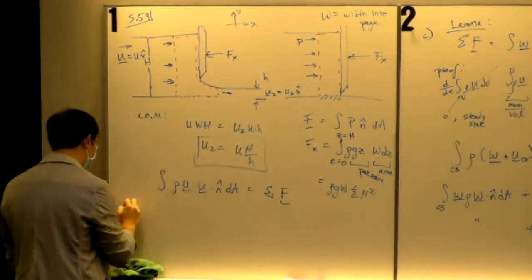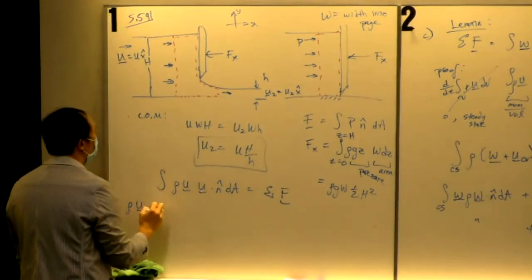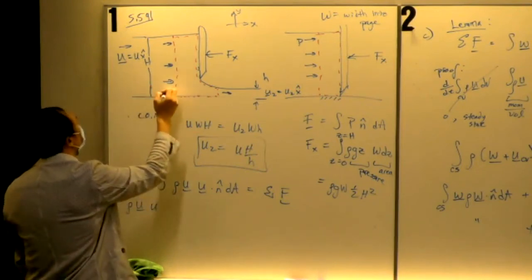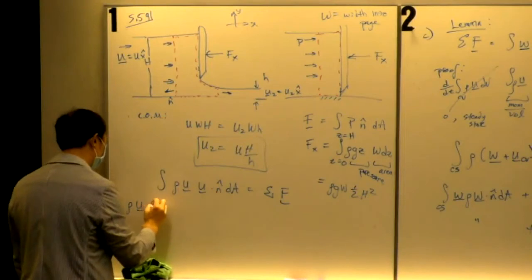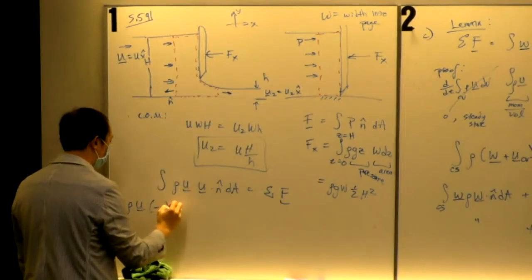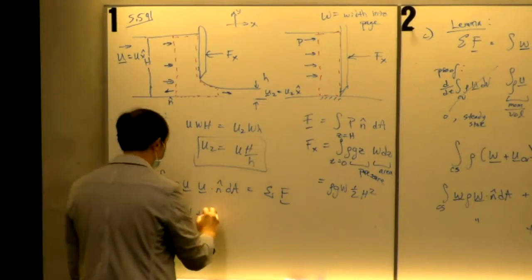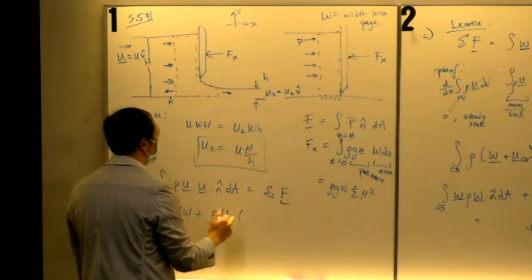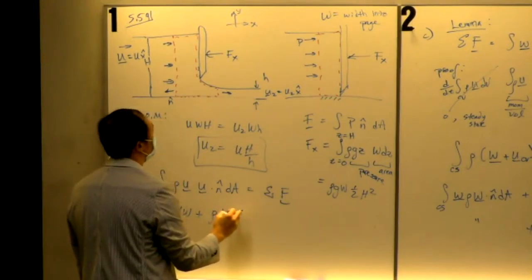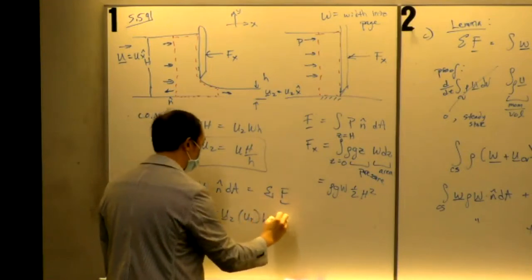So we got rho U, U dot n hat, that's going to be, sorry, n hat, magnitude negative U, negative U times H times W, plus rho U2, U dot n hat, that's going to be positive U2 little h times W.